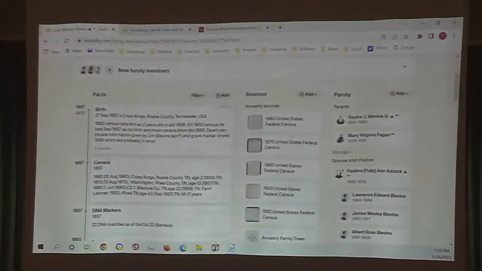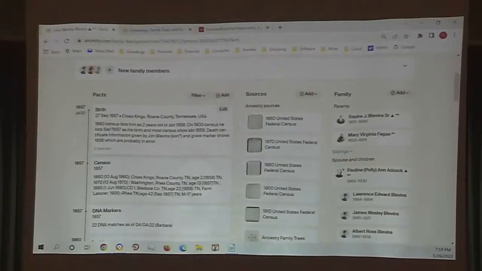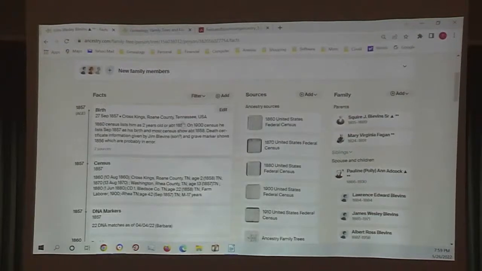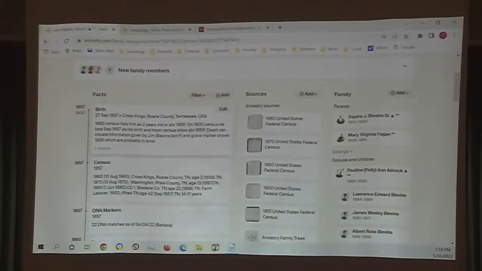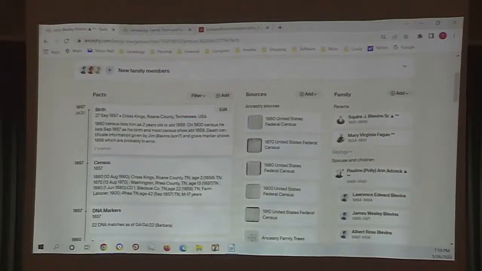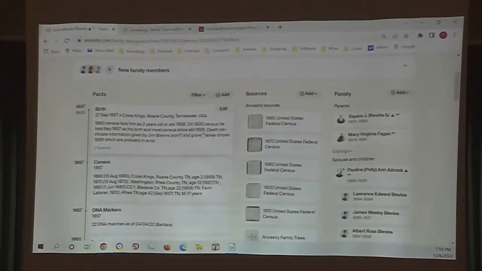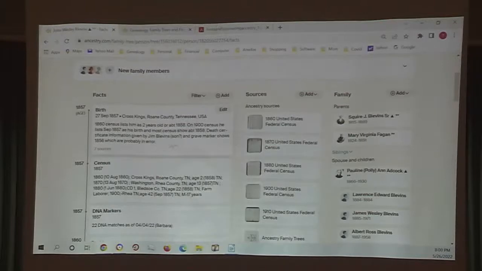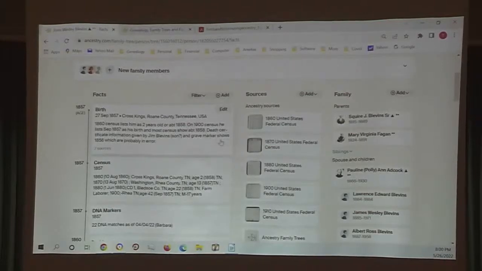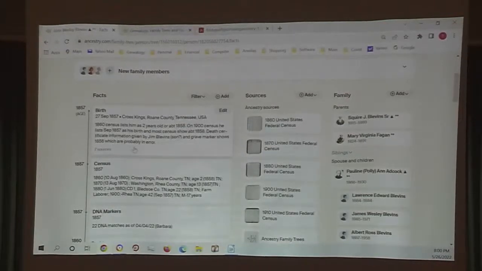Notice what I do here. I put his birth, 1860 census lists him as 2 years old, born about 1858. On the 1900 census, he lists him 1857 as his birth, and most censuses show about 1858. Death certificate given by Jim Blevins' son, and grave marker shows 1856.